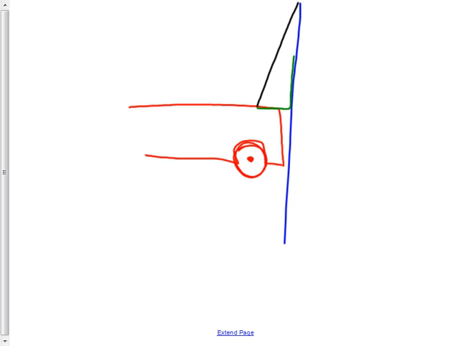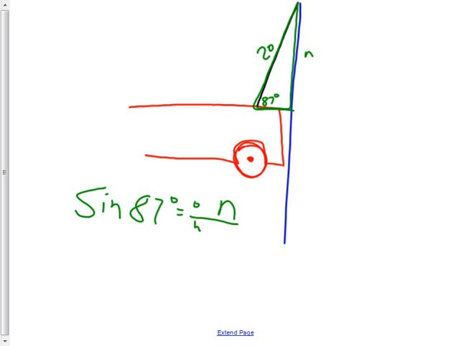Okay, so here's my triangle, and the degree now is 87 degrees, and the ladder's 20, and so now you'd set up sine of 87 is opposite over hypotenuse, and the opposite side, I call it m, over the hypotenuse is 20.